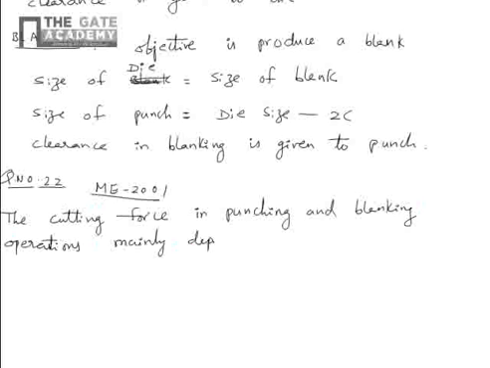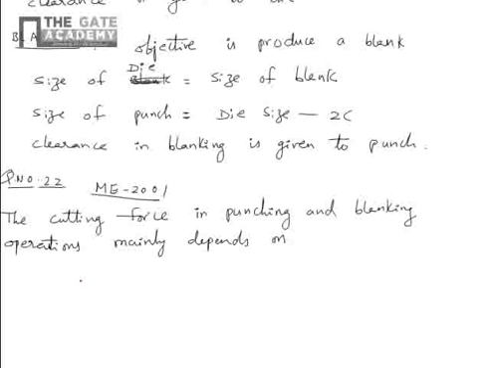I will read the options. A is the modulus of elasticity of the material, B is the shear strength of the material, C is the bulk modulus of the material, D is the yield strength.